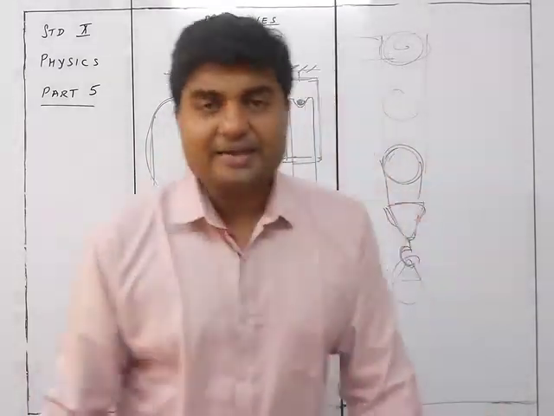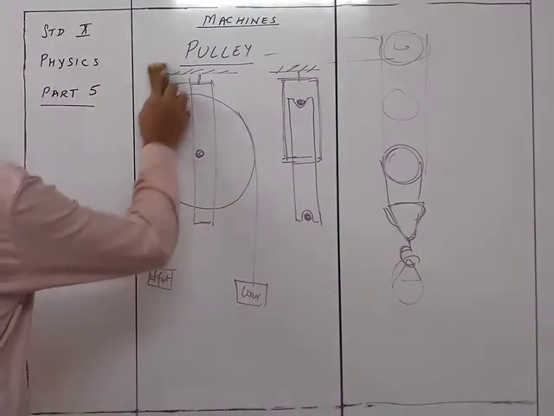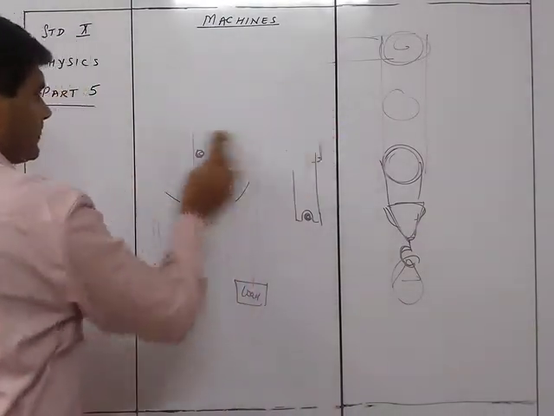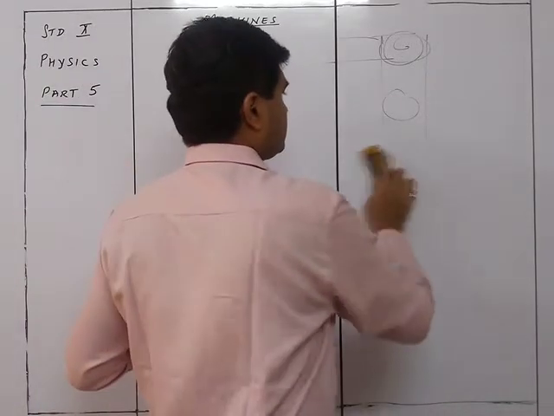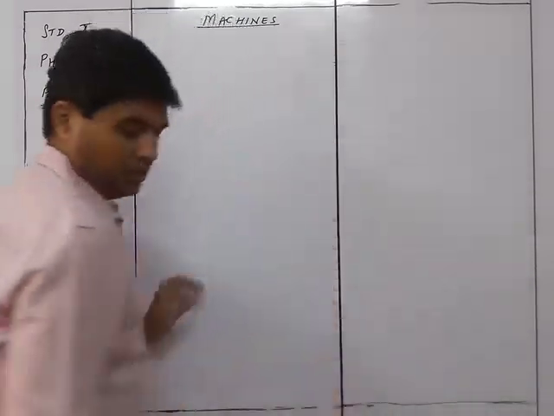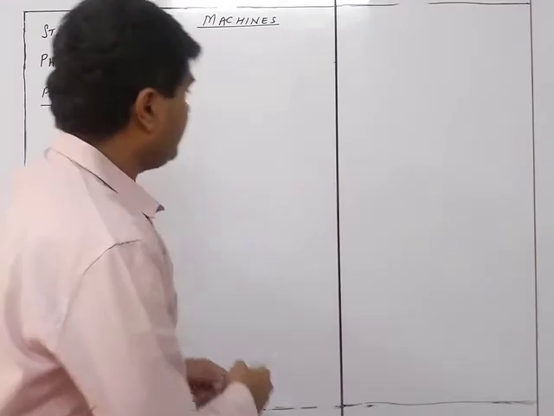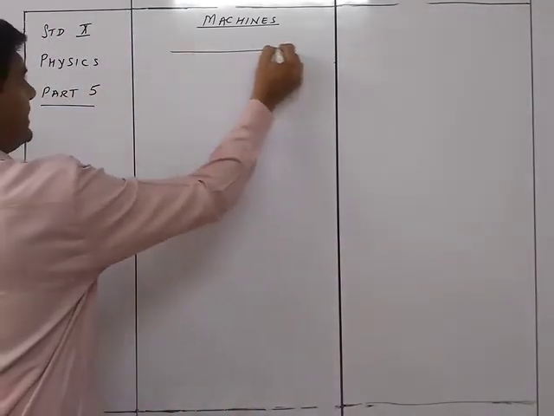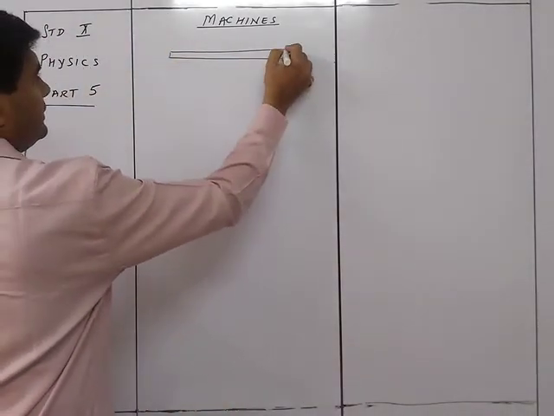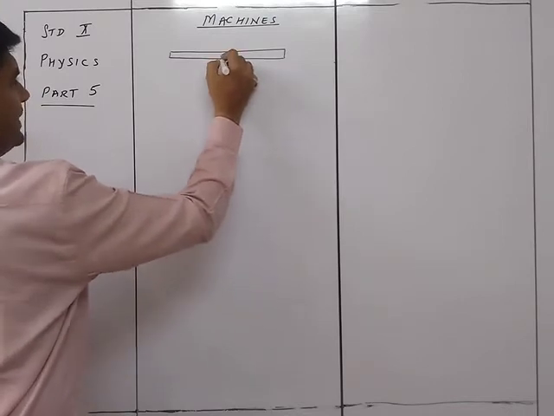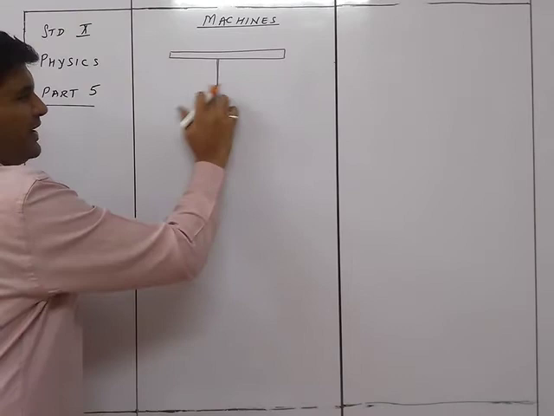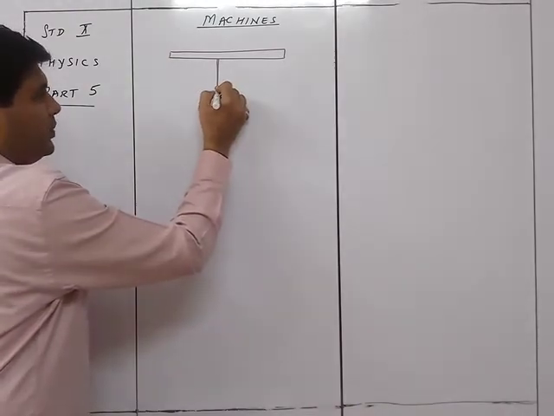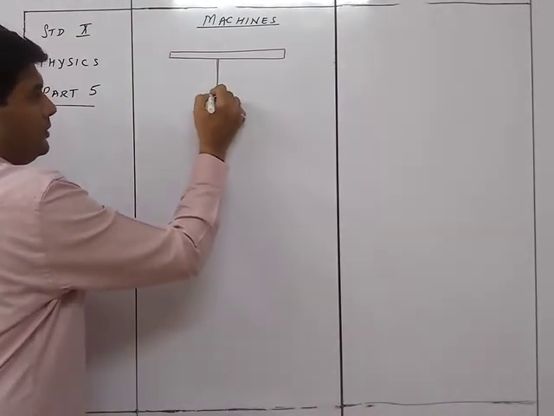Now let us understand a single fixed pulley. So let's see a single fixed pulley first. A single fixed pulley will be such that there will be a rigid, fixed support here. To the support we can connect it with a hook or anything, and we are going to connect a pulley.